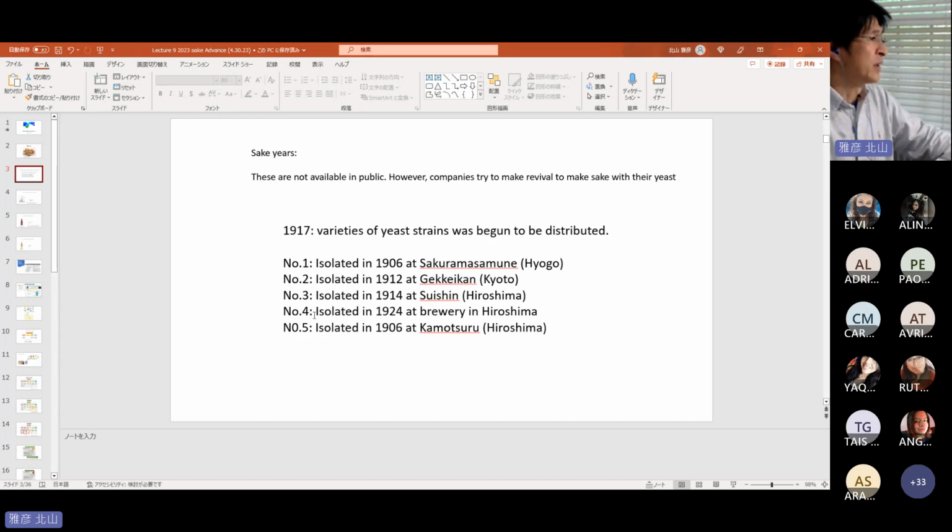This is just the order. But they began to provide these yeast to the breweries. Year of 1906. Masamune is the name of a brewery, a company in Kobe, Hyogo area.